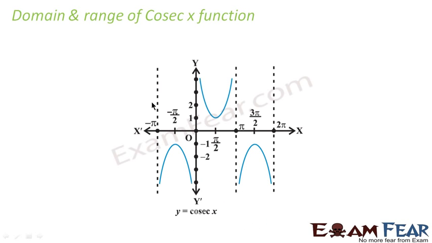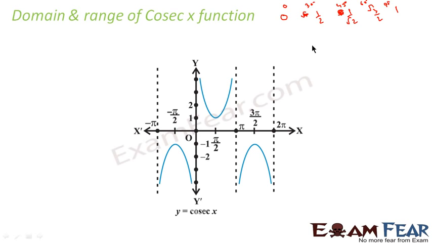Now let's find the domain and range of the cosec function. Again, we can write 0, 1 by 2, 1 by root 2, root 3 by 2 and 1. This is for 0 degree, this is for 30 degree, this is for 45 degree, this is for 60 degree, and this is for 90 degree.